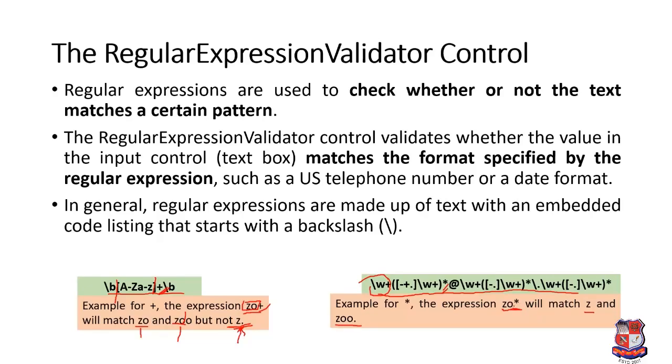Unlike the plus sign, with the star sign, zero or more occurrences are allowed. Whether it is z or whether it is o, any value available inside the string is allowed. For example, z over here is a part of this regular expression, that's why this string is considered as matched. And for zoo, z and o both are available, so this is also considered as matched.